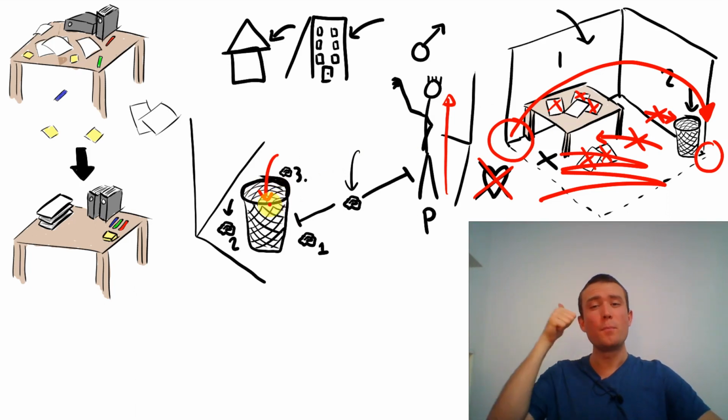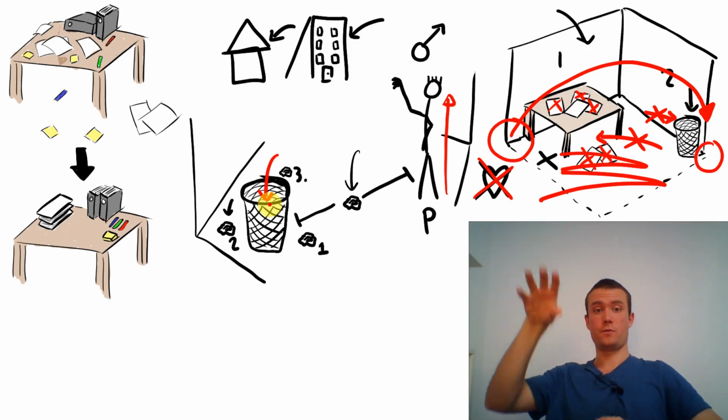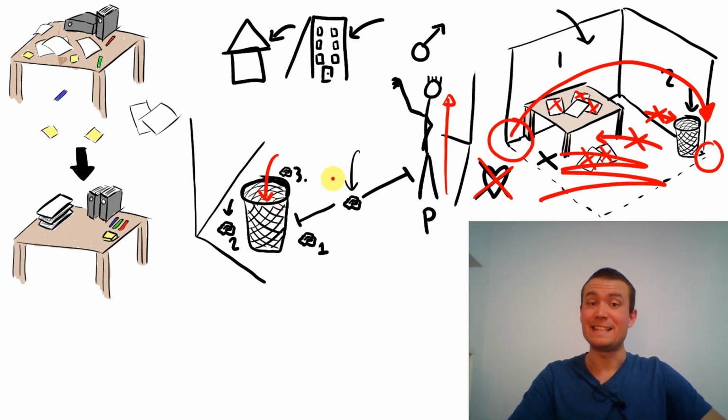It was a perfect throw. It didn't land far away from the bin. It didn't land behind the bin. It didn't land in front of the bin. It didn't land to the side of the bin.